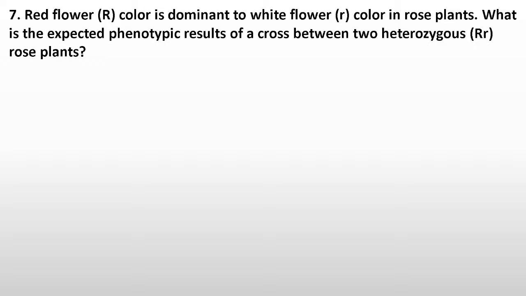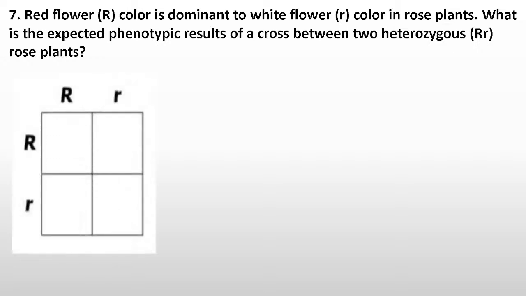Red flower color, that is capital R, is dominant to white flower color, that is small r, in rose plants. What is the expected phenotypic result of a cross between two heterozygous, that is capital R, small r, rose plants?